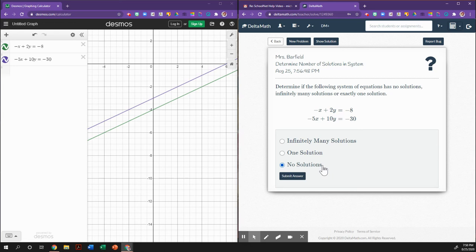Now that should all be a reminder. But that's what we're going to be looking at now when we do systems of equations. We're going to be looking for where our equations cross or where maybe they don't cross or if they are secretly the same problem given to us twice and so there's infinitely many solutions. All right, so come back for video number 2.